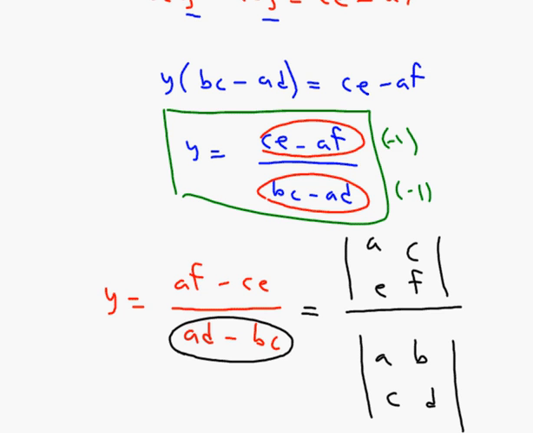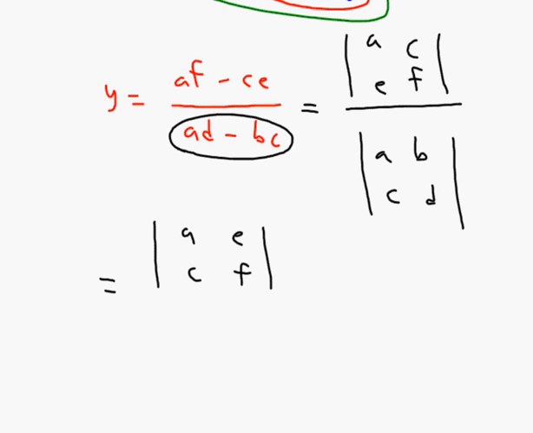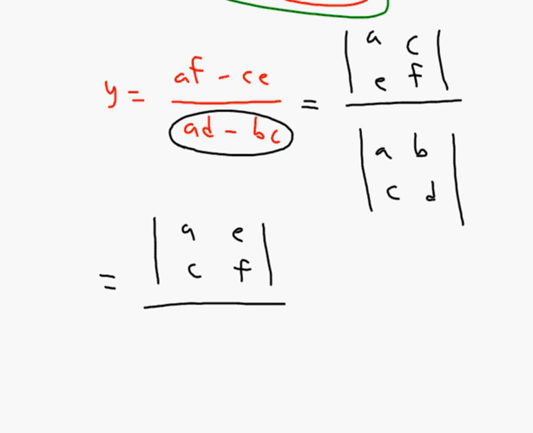I'm just going to do one more thing just to ask you this question. Would this also equal the following? A, C, E, F. Take a look at that numerator, that matrix, and ask yourself, is the determinant of that matrix the same as the determinant of this matrix?